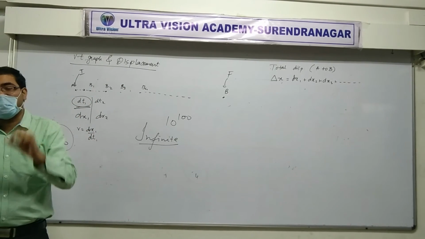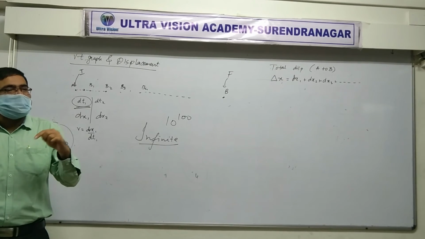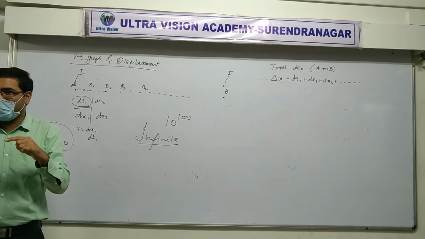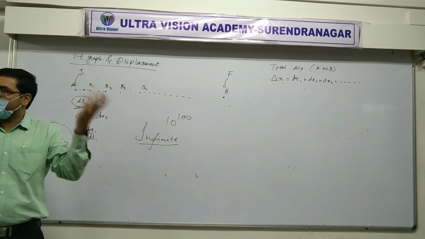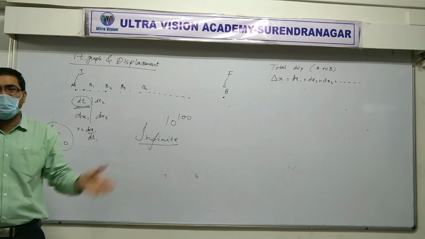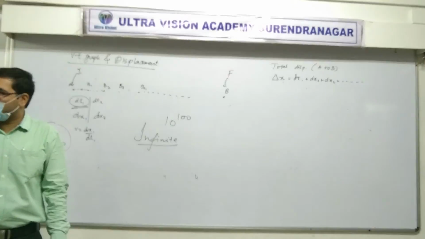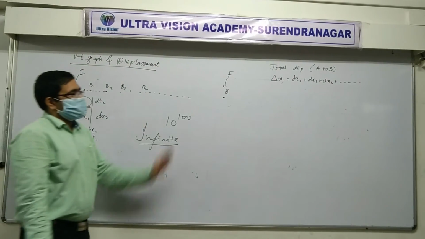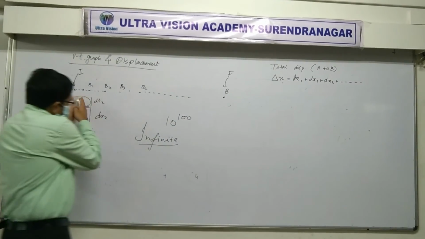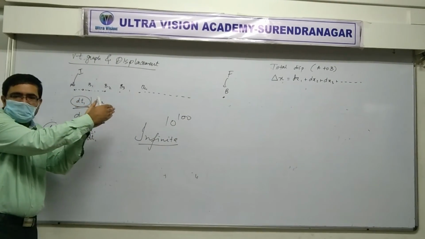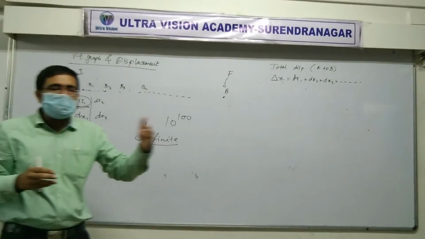Just like infinitesimal is smaller than the smallest number you can think of. Similarly, infinite is larger than the largest number you can think of. Right? Okay, anyways. So when you divide this into very small time intervals, the number of intervals will become infinite.